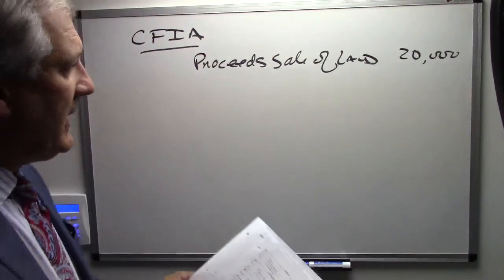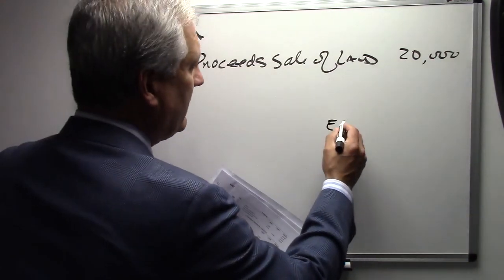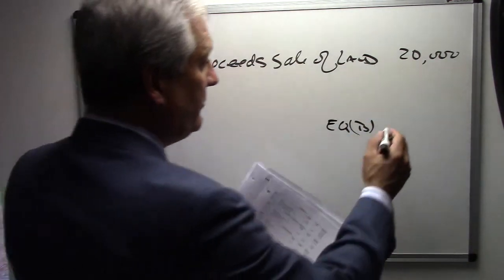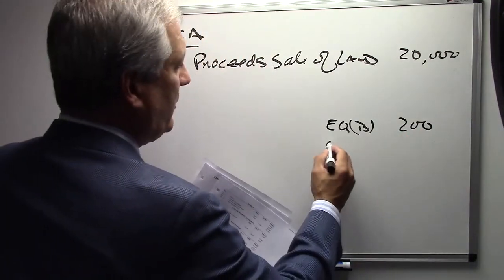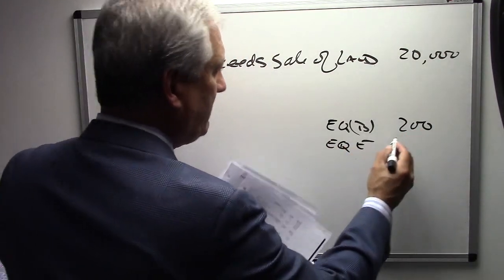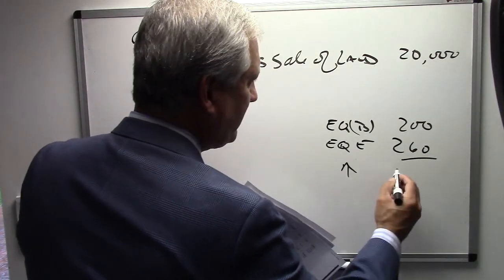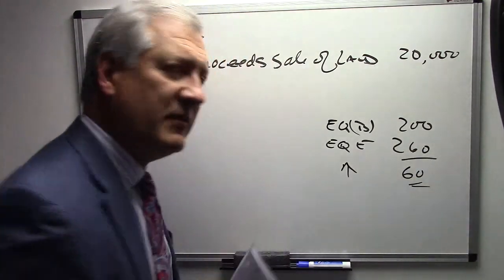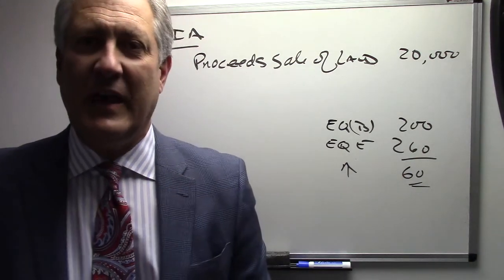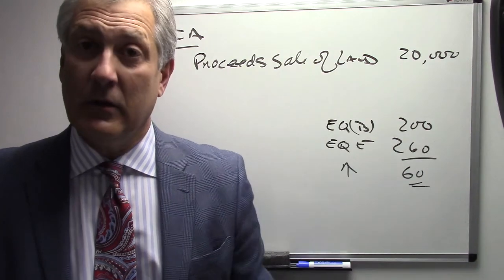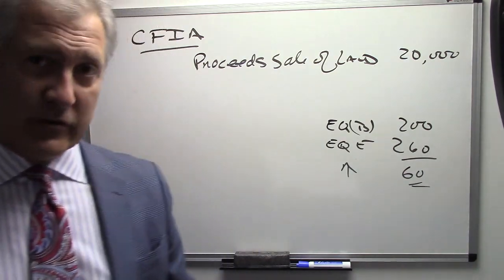But the equipment account began, so equipment beginning started at $200,000. Equipment ending balance was $260,000. So there was an increase of $60,000 in that account. So that means they acquired new equipment, and you know the journal entry.